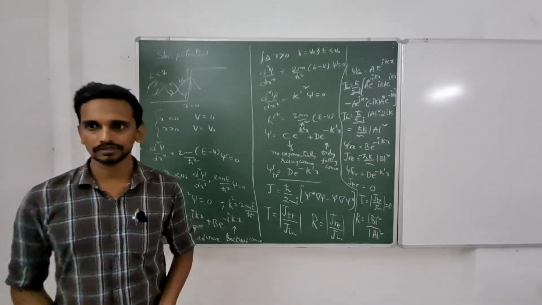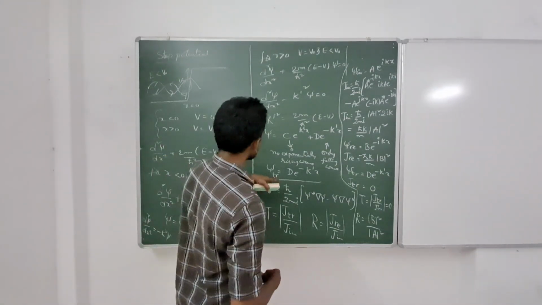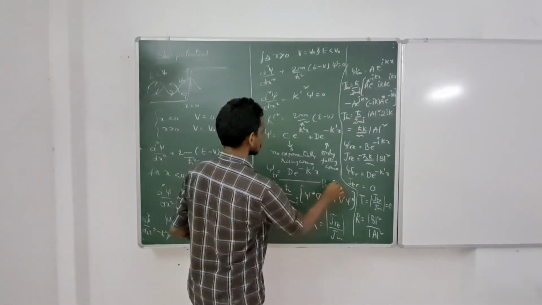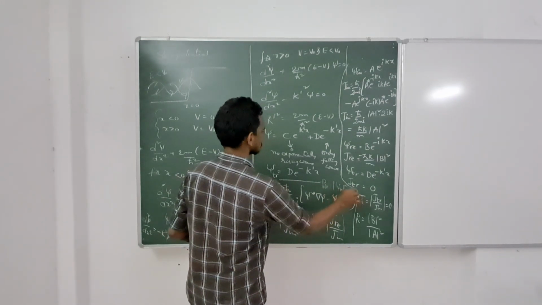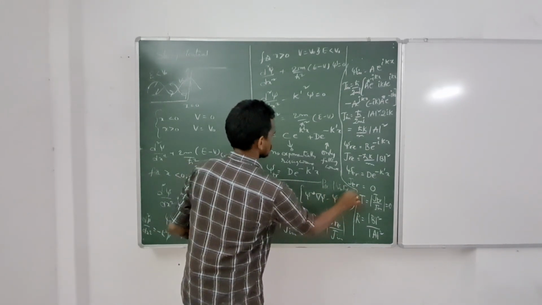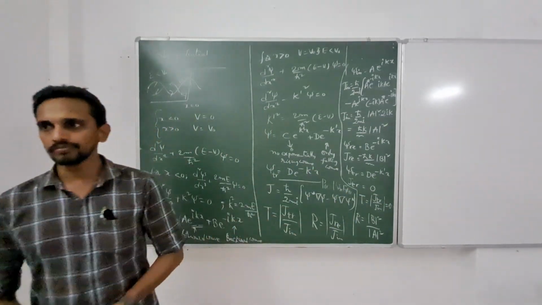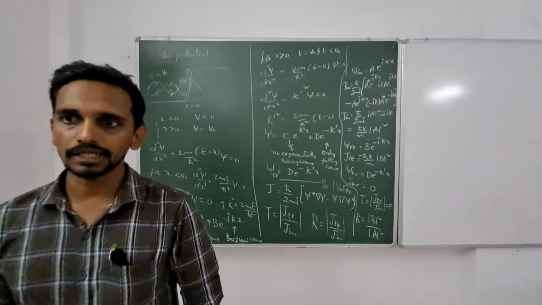Point number 1, the reflection quotient will become 1. And if you see the transmission probability, modulus ψ transmission squared is non-zero.